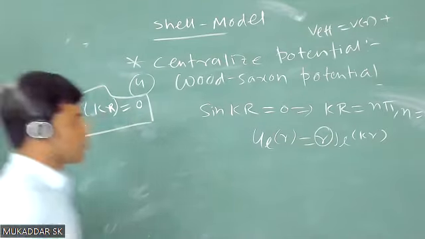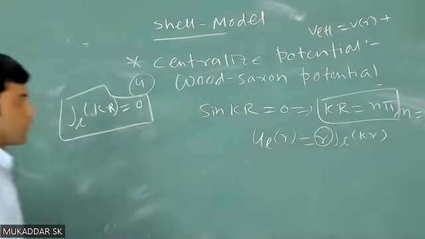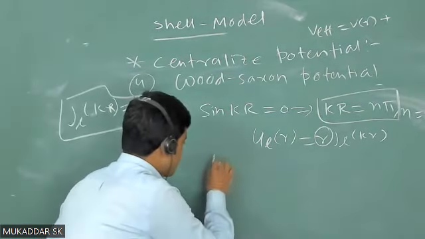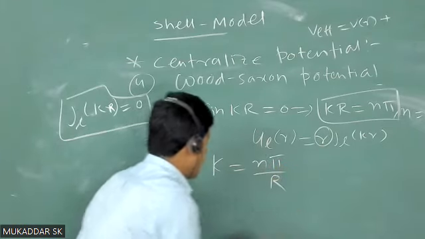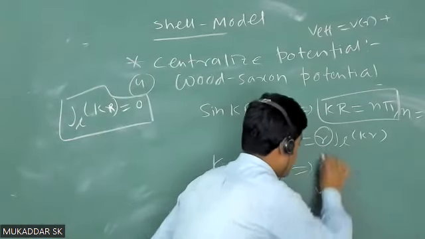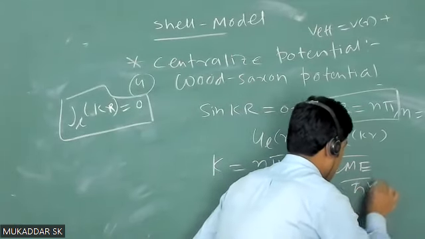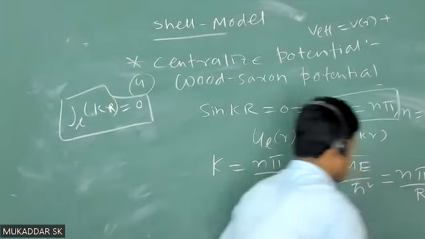So it means kr equals to n pi. Now can I calculate the value of energy from here? So it means k equals to n pi by r, and k is nothing but, if you remember, that was twice me by h cross square, right? That was equals to n pi by r.